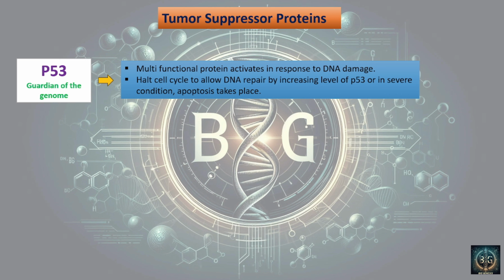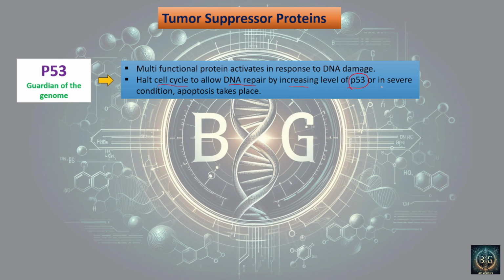It is a multifunctional protein that activates in response to DNA damage, and it can halt the cell cycle. It can halt the cell cycle if any DNA damage is there and allow DNA repair by increasing the level of P53 protein.